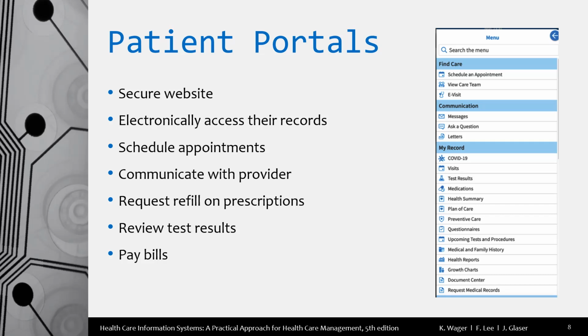And then, of course, all the different aspects of the patient's record, the upcoming visits, results, medications, health summary, a plan of care. So, what is the plan for the next 3 months, next 6 months, next year in terms of what the patient's goals are for managing their health. And then you can see other sections that are all part of that patient portal.